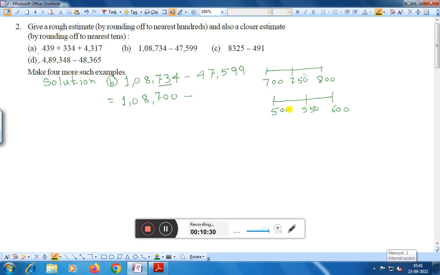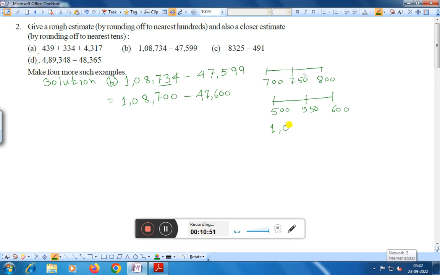Therefore, since the number is 599, we round it up to 600. Therefore, the number is 47,600. Now you subtract this number.